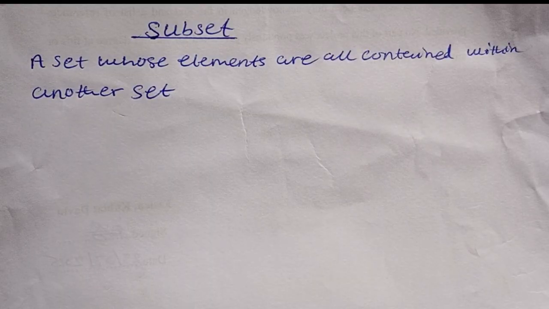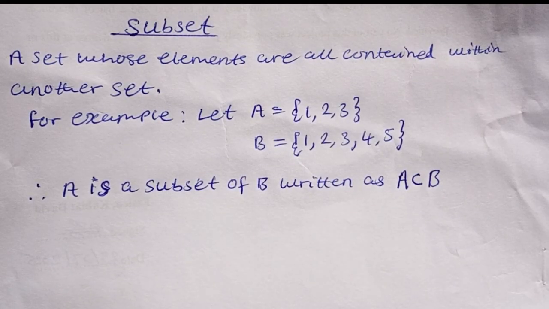Let's check example. Let A be a set containing the numbers 1, 2, 3, and B, a set containing the elements 1, 2, 3, 4, 5. Therefore, set A is a subset of B, written as A subset of B.